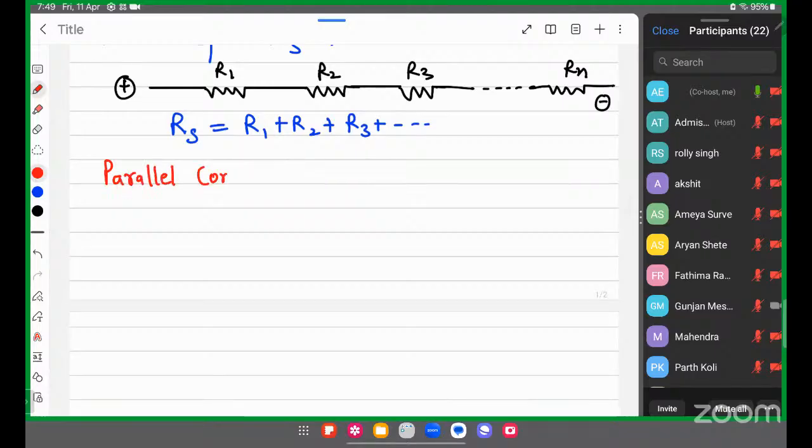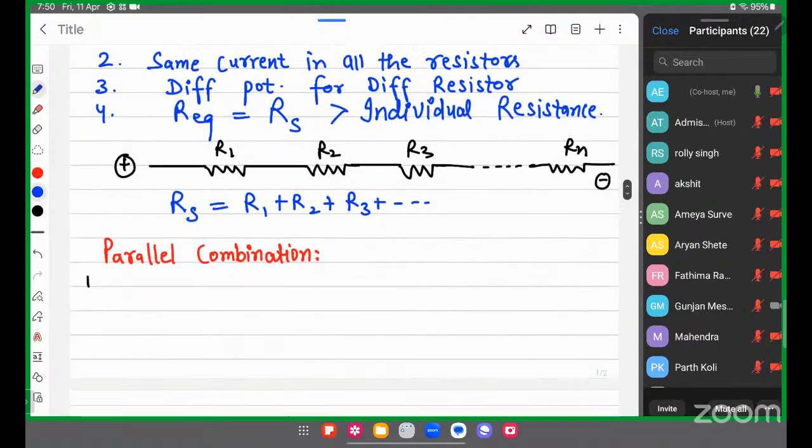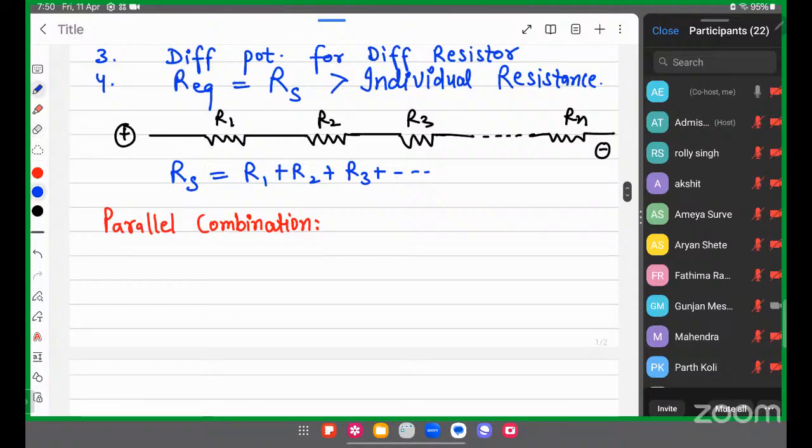Now, the next combination is parallel combination. First point about parallel combination is that all the resistors will not be in a single wire. There will be different wires connecting to a terminal point for different resistors.